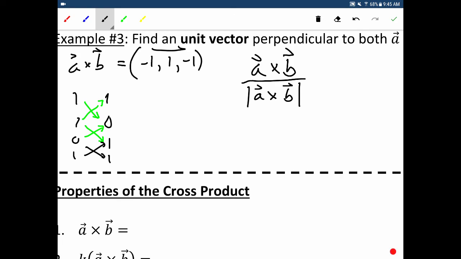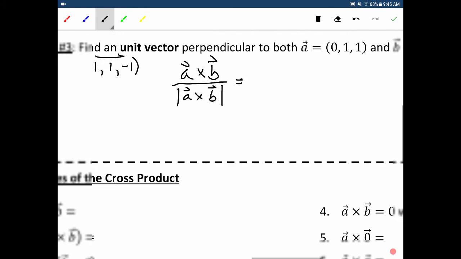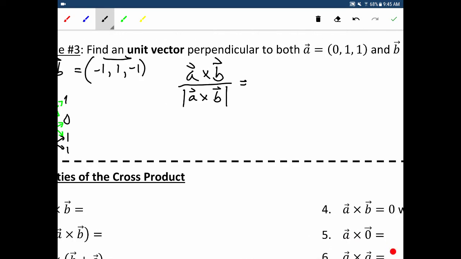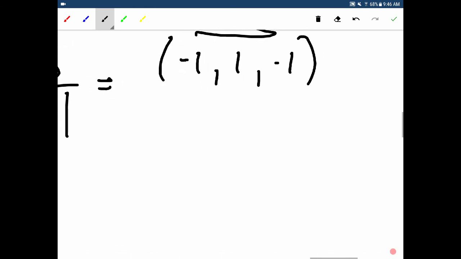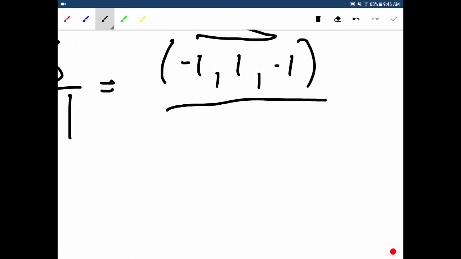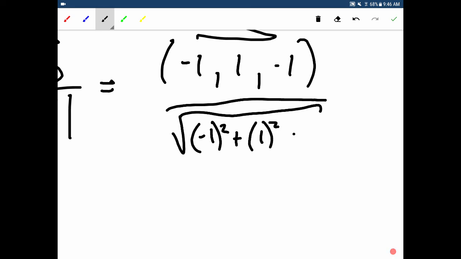Okay? So, we're going to have -1, 1, -1, like that. And we're going to divide the whole thing by the square root of -1 squared plus 1 squared plus -1 squared.